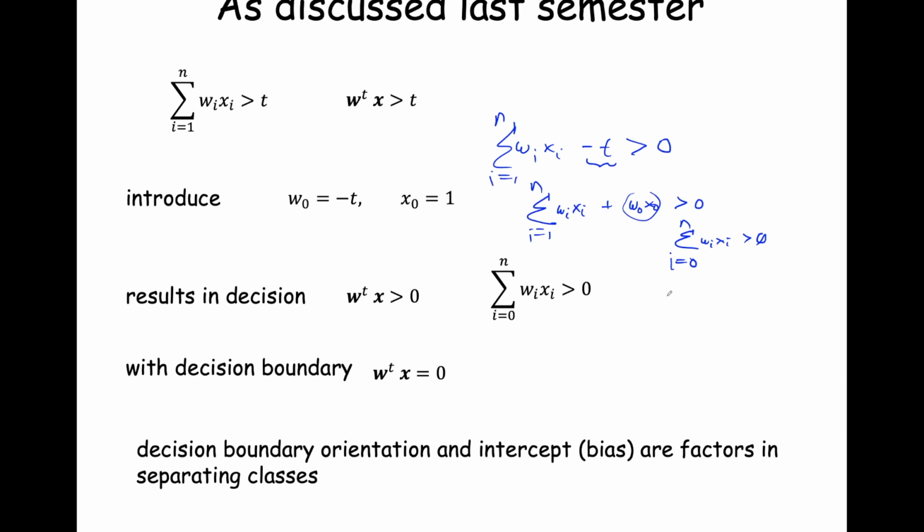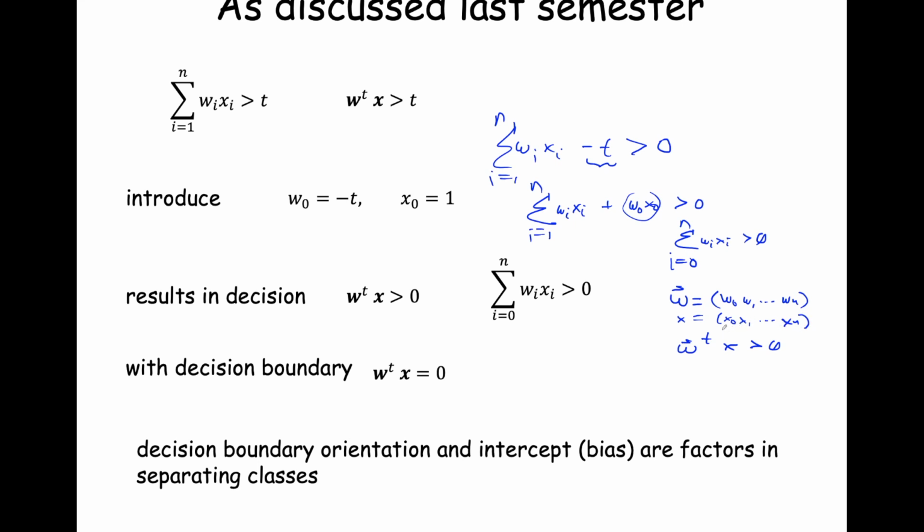And now we have a new W. With that new W, it's vector valued. It includes W naught, W1, all the way up to and including Wn. And that now brings this expression to W transpose X greater than 0, where our X is X naught, X1, up to and including Xn.